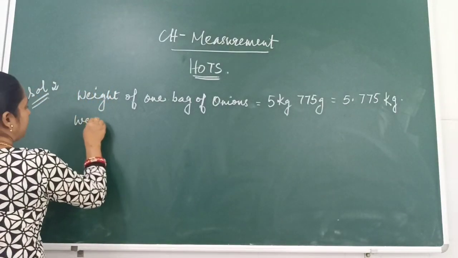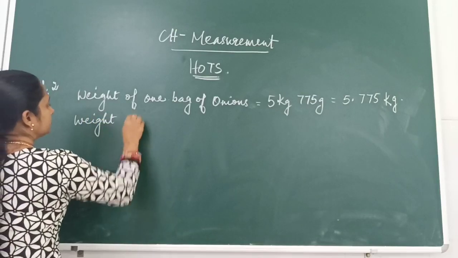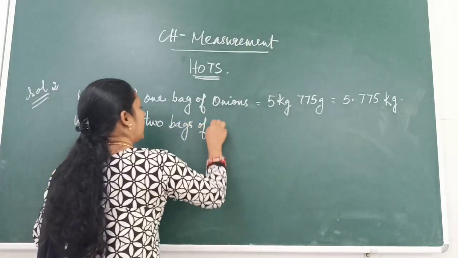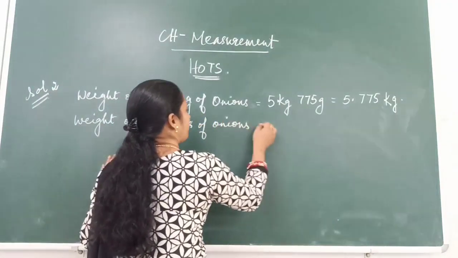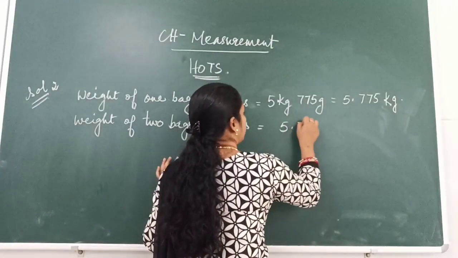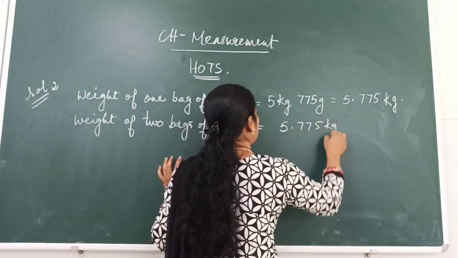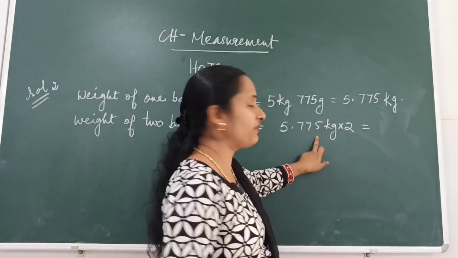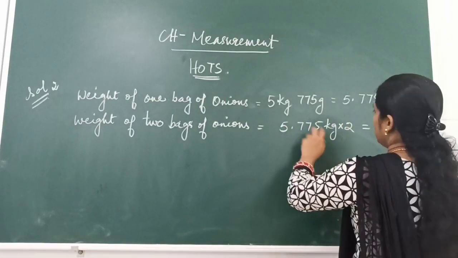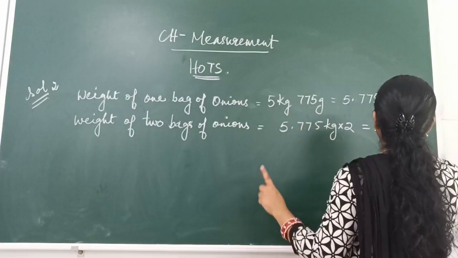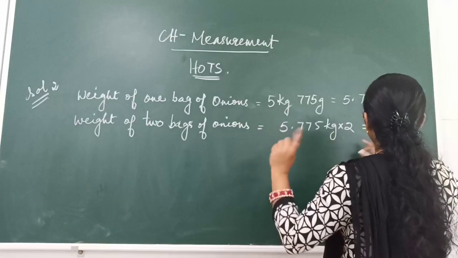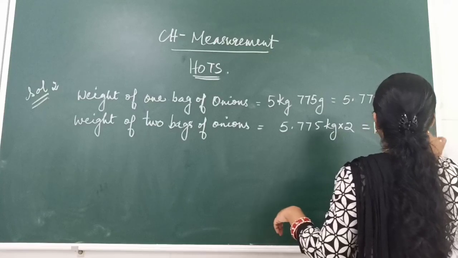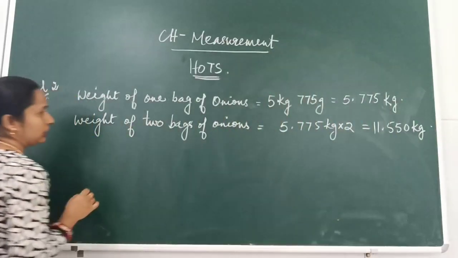So you need to find the weight of 2 bags of onions. The weight of 2 bags of onions is 5.775 kilograms multiplied by 2. By multiplying this by 2, how much do you get? You just multiply here itself and find out. 5 2s are 10, 7 2s are 14 plus 1 is 15, 5 and 1 carry, 7 2s are 14 plus 1 is 15, 5 and 1 carry, 5 2s are 10 plus 1 is 11. So you get 11.550 kg.